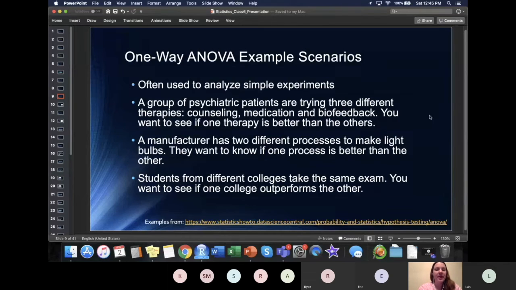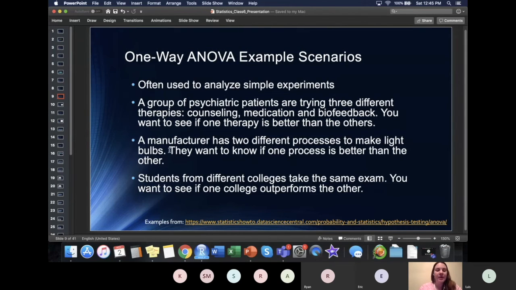The first example that this website gave is that a group of psychiatric patients are trying 3 different therapies: counseling, medication, and biofeedback. You want to see if one therapy is better than the others. So in this case, they would have some dependent variable that measured improvement in a psychiatric outcome, and then it would compare the counseling, the medication, and the biofeedback.